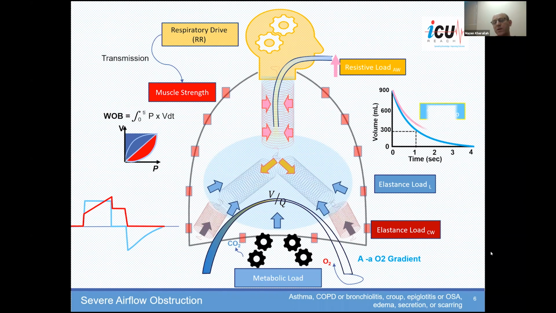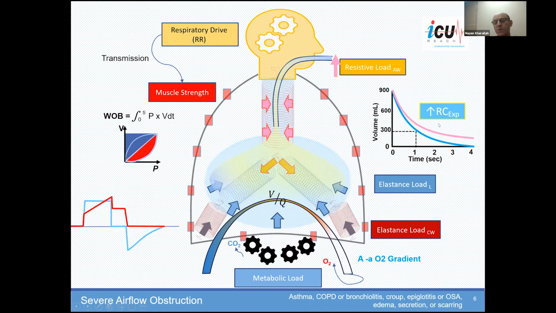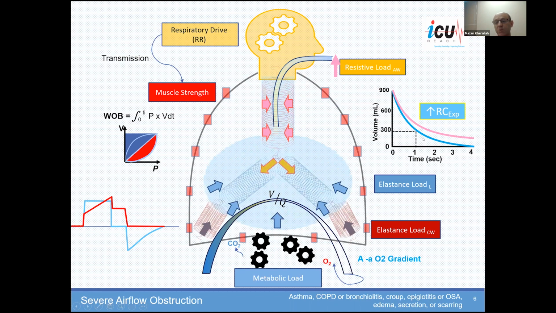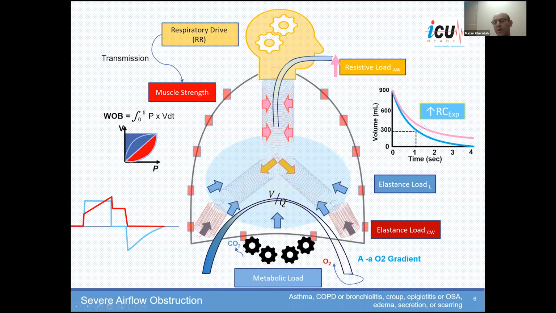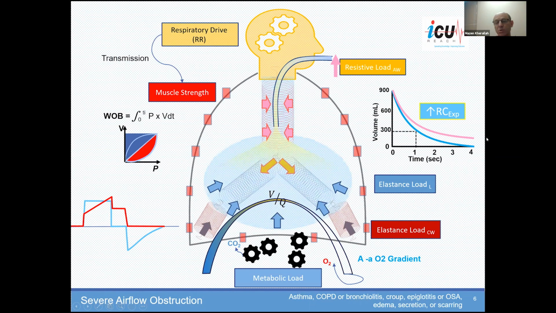And if you take a look at the expiratory component of the RC, or the expiratory time constant, you would see that it is prolonged. The patient's time constant is higher than normal. He would need a longer expiration in order to empty the chest completely.